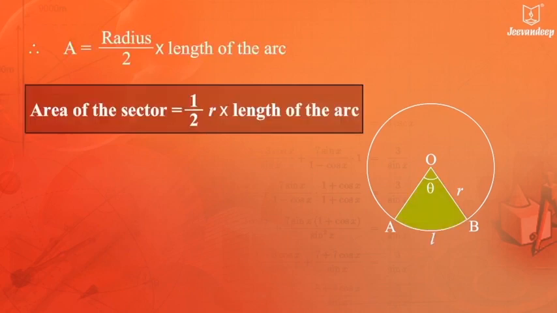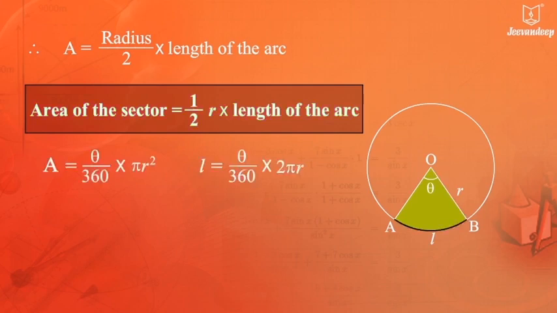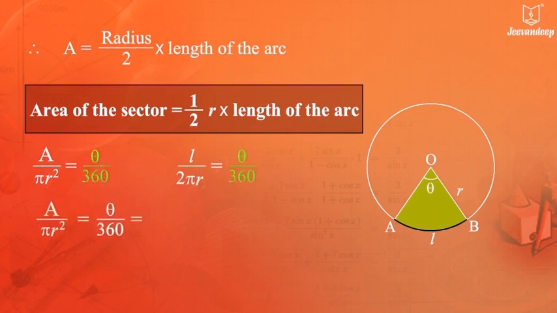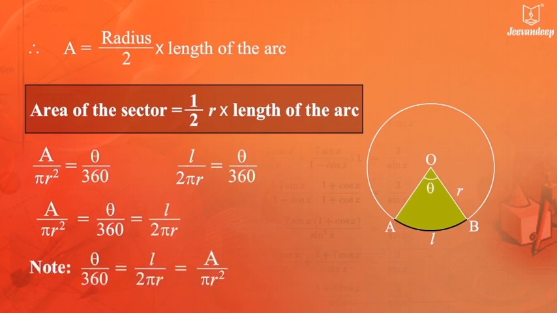Area of the sector equals half r multiplied by length of the arc. Note: theta upon 360 equals L upon 2 pi r equals A upon pi r square.